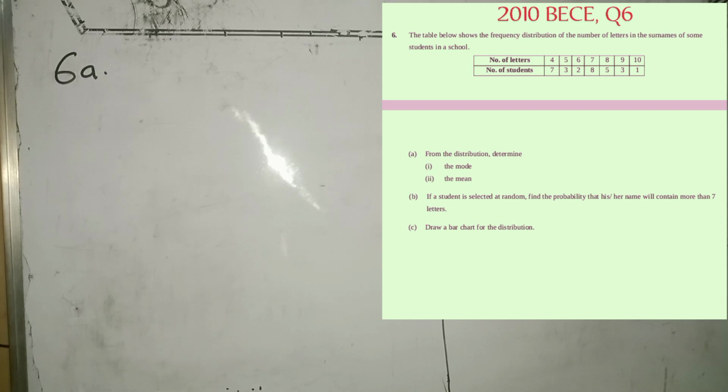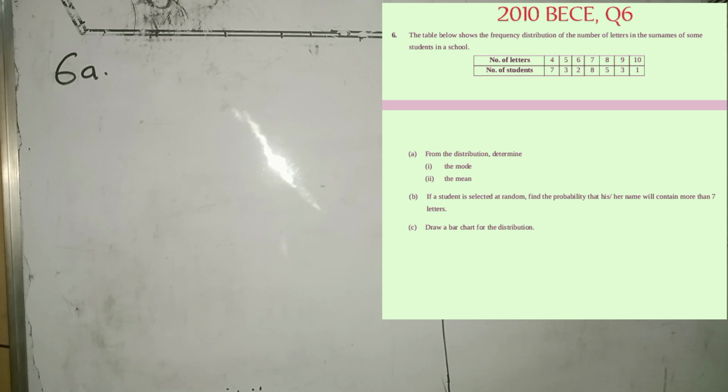So this number of letters signifies the observation of the question, and then the number of students, as you can see, represents the frequency of the data. So finding the mode is actually finding the most occurred object or observation in the data.